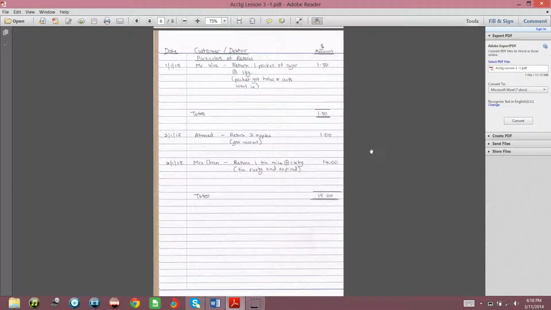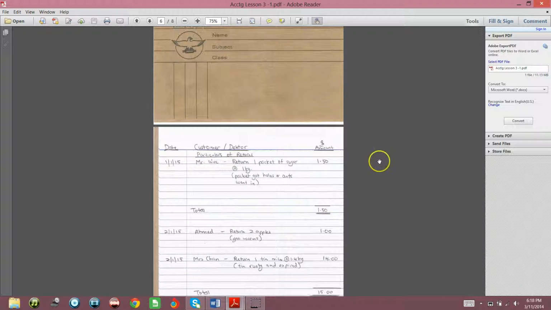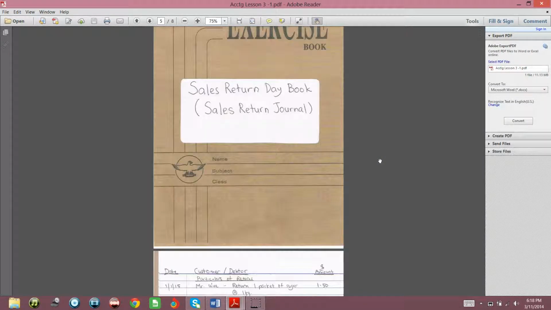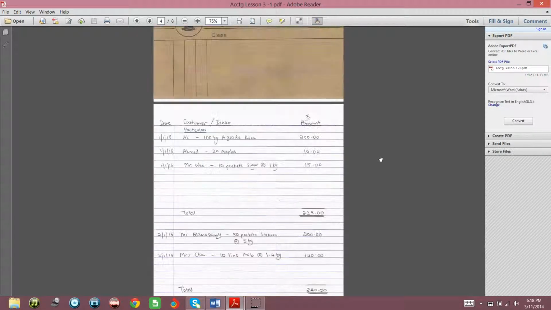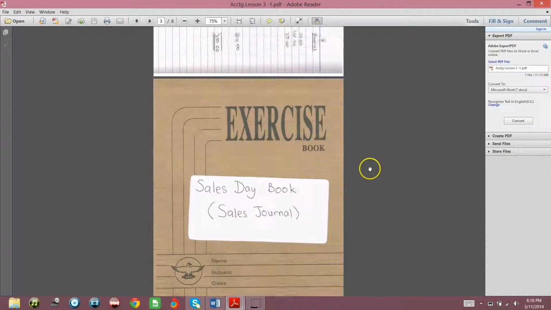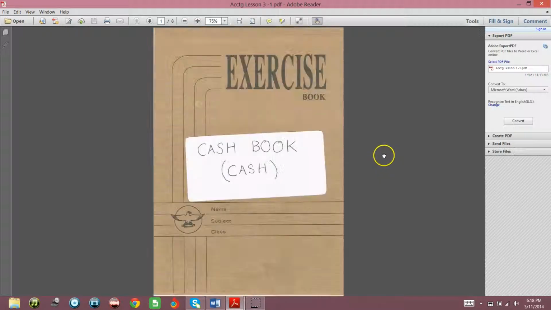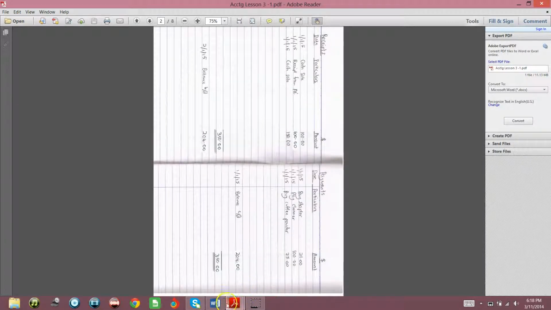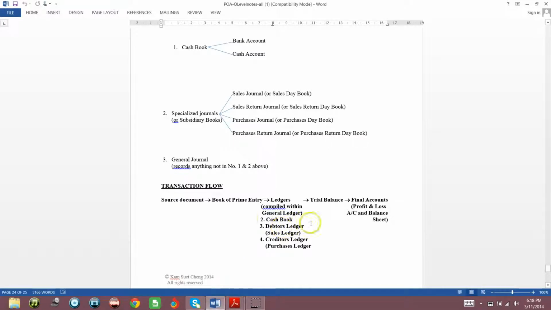We post in all these books to assist the business owner to keep track of all these transactions, credit purchases, all these credit sales. You can monitor your customers and all this, and of course all the receipts and payments you record are to monitor your cash balance, monitor all your receipts and payments. So everything we do has a practical purpose.